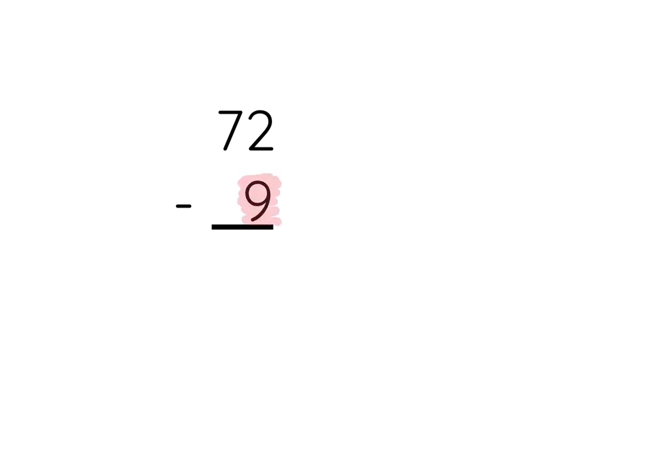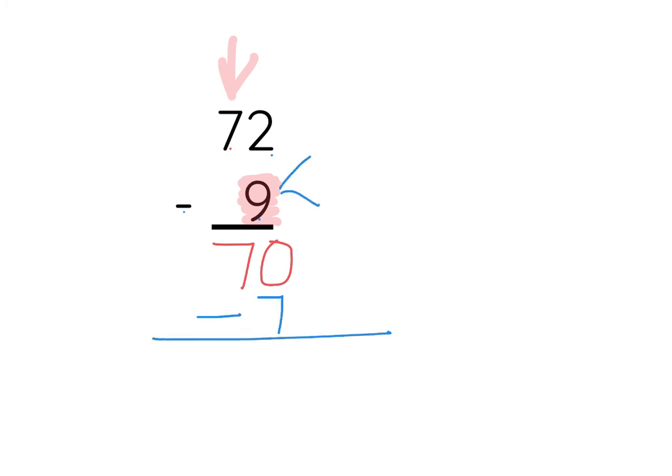Notice the 9 is bigger than the 2. We'll subtract the tens column. There's nothing to subtract from the 70 because there's nothing in the tens column down there. So it's just 70. And then 2 subtract 9 is a negative 7. Remember, you can always break that apart and say, oh, first I'll get rid of the 2.